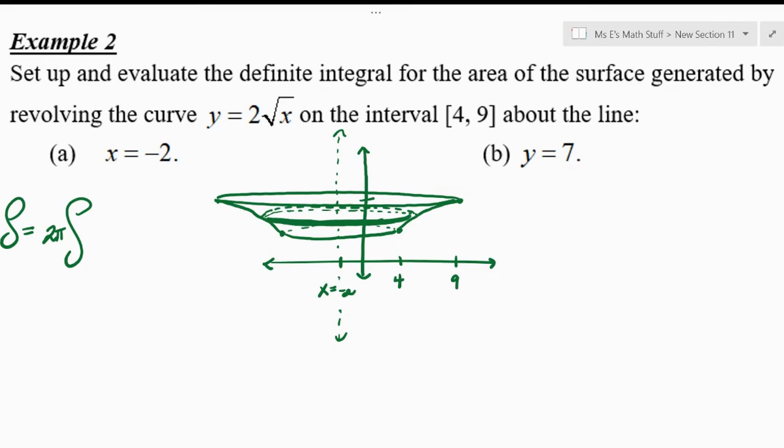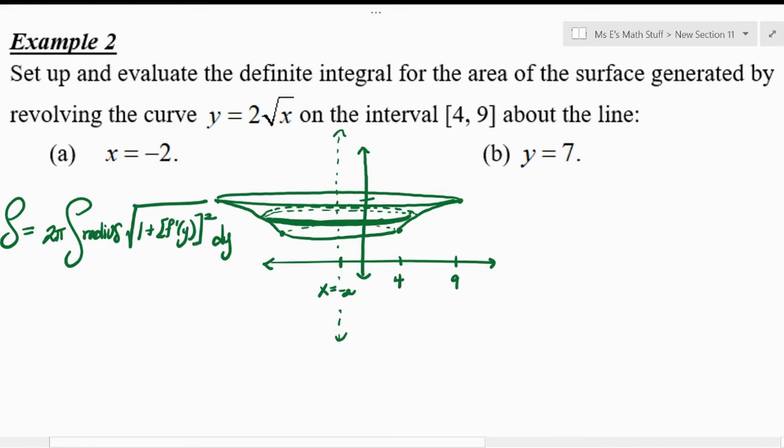I claim that this needs to be a dy setup, and that's going to help me know how to set things up. So my plan is to figure out what's the radius in terms of y, and then to have the appropriate arc length formula here. So we're going to do 1 plus f prime of y squared.